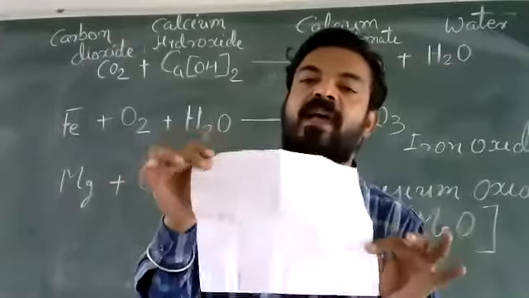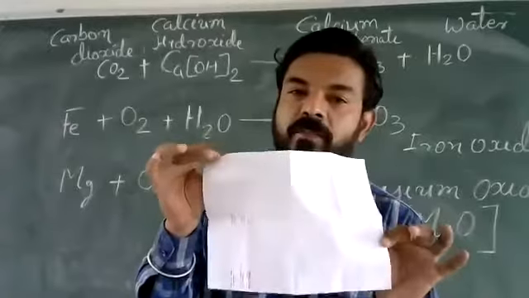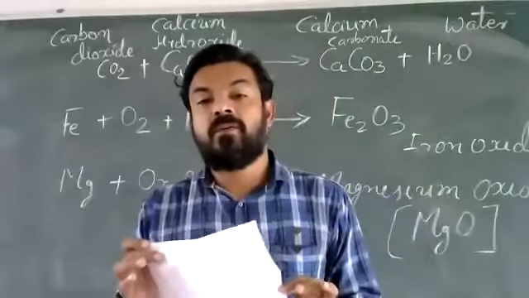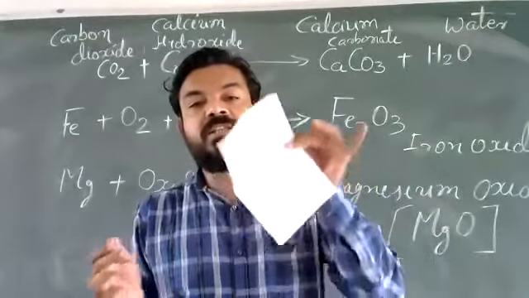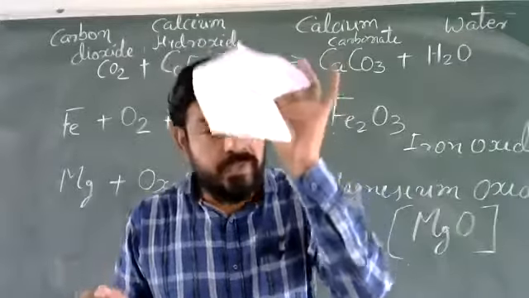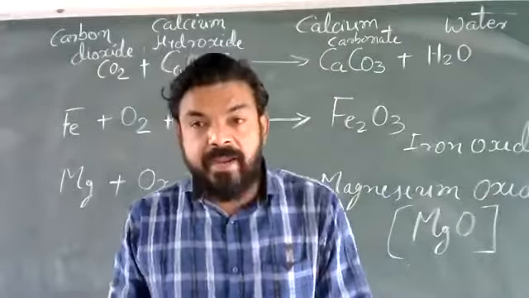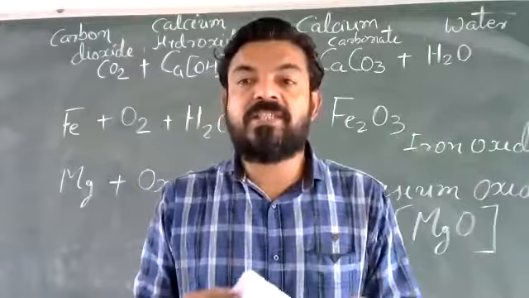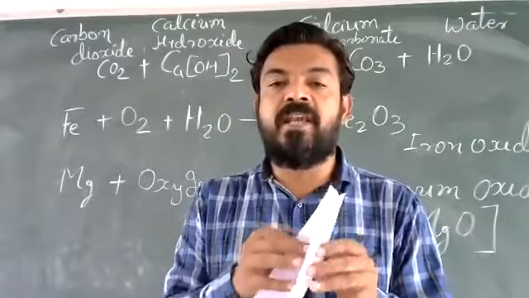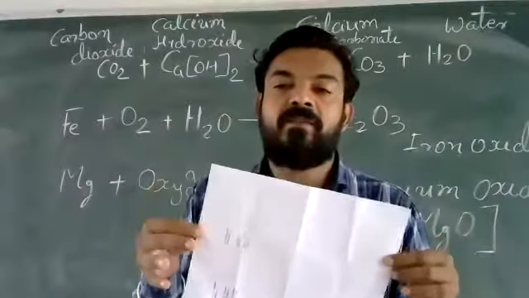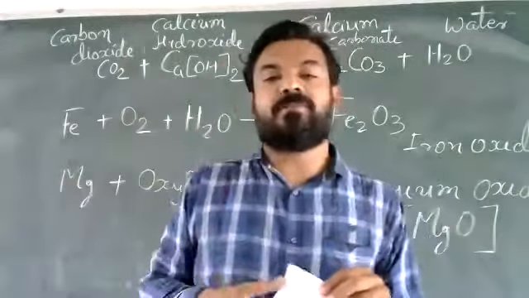Again, I got the same size from this paper. So the change in the size and shape is called the physical change. And if I get the same product back, that is called the reversible change.